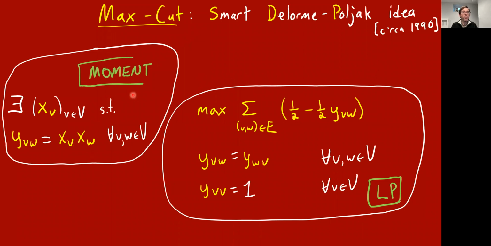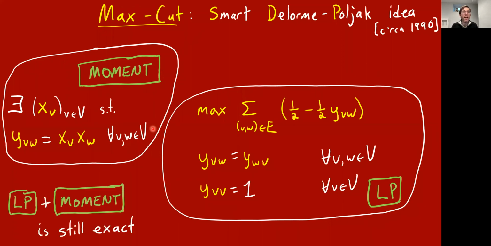But let me call this, for reasons we'll eventually see, the moment constraint. And I still want to say that this linear program LP, together with this moment constraint, exactly captures max cut. This moment constraint is some weird constraint. It's not a linear inequality constraint, but we're still at the point where these two things together exactly characterize max cut.